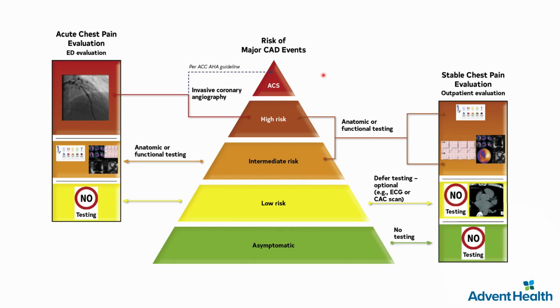It's targeted at risk now. Same thing for evaluation of chest pain. And the reason I put it up here is it can be a little bit misleading. In general, asymptomatic or low-risk chest pain patients, you defer testing or even no testing.